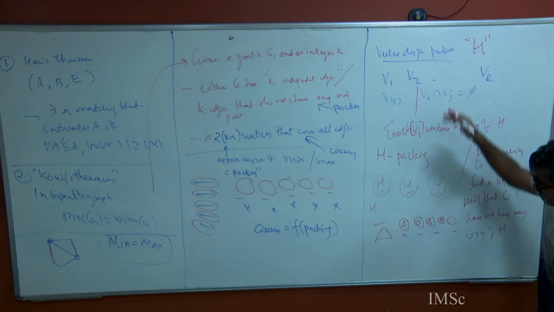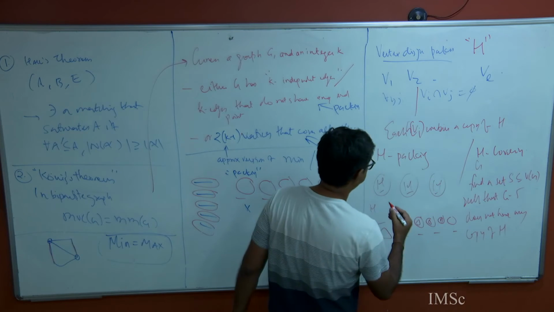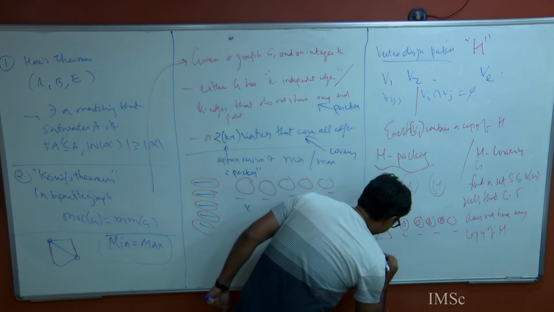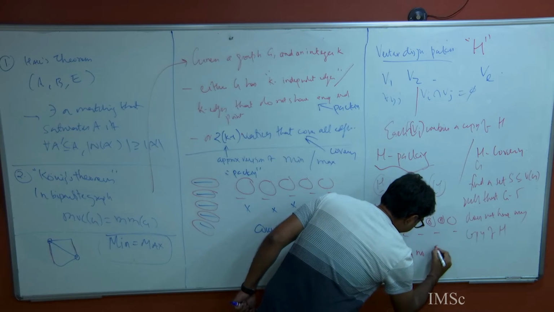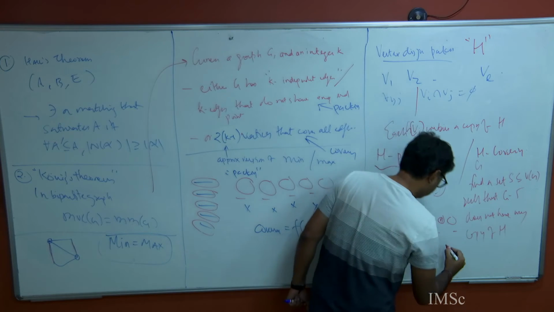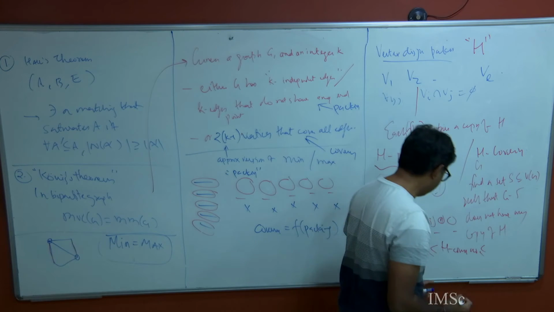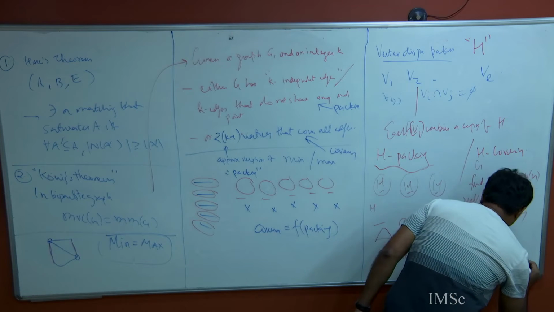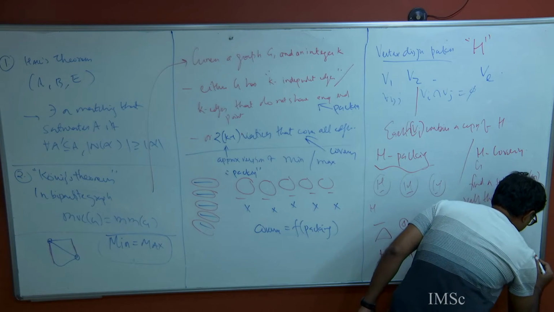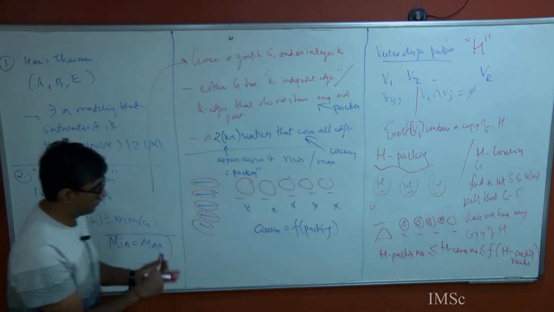The way it is defined, it is very obvious that the H packing number is less than or equal to the H covering number, but the question is whether the H covering number is upper bounded by a function of the H packing number. That's all that it is.